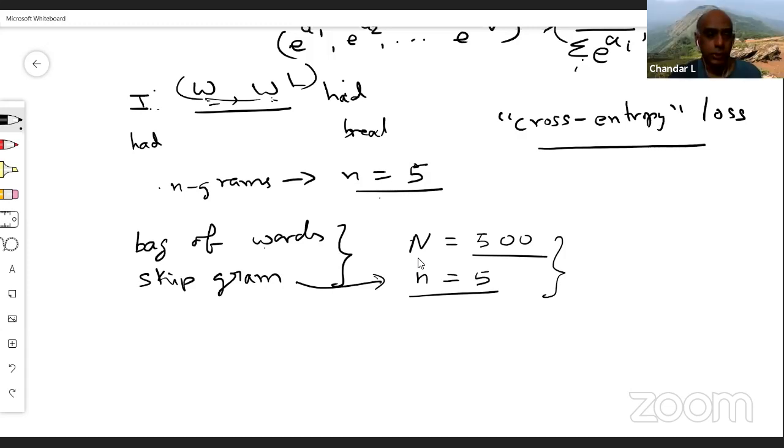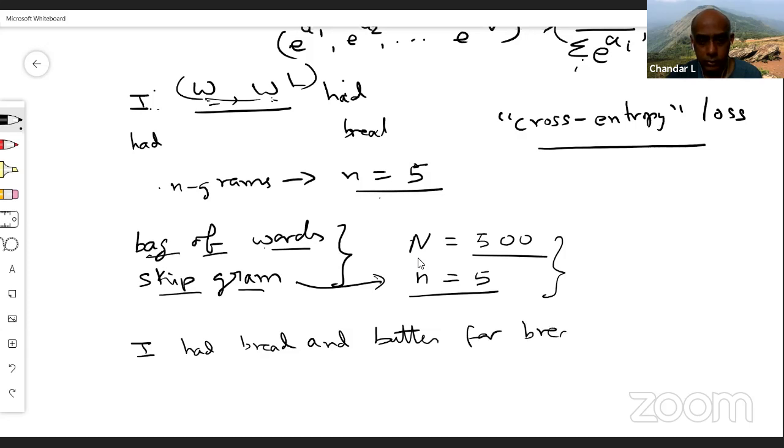And this was a point which I have not explained yet. Let us go back to the same sentence I had: I had bread and butter for breakfast. And let us say I'm looking at 5 grams.